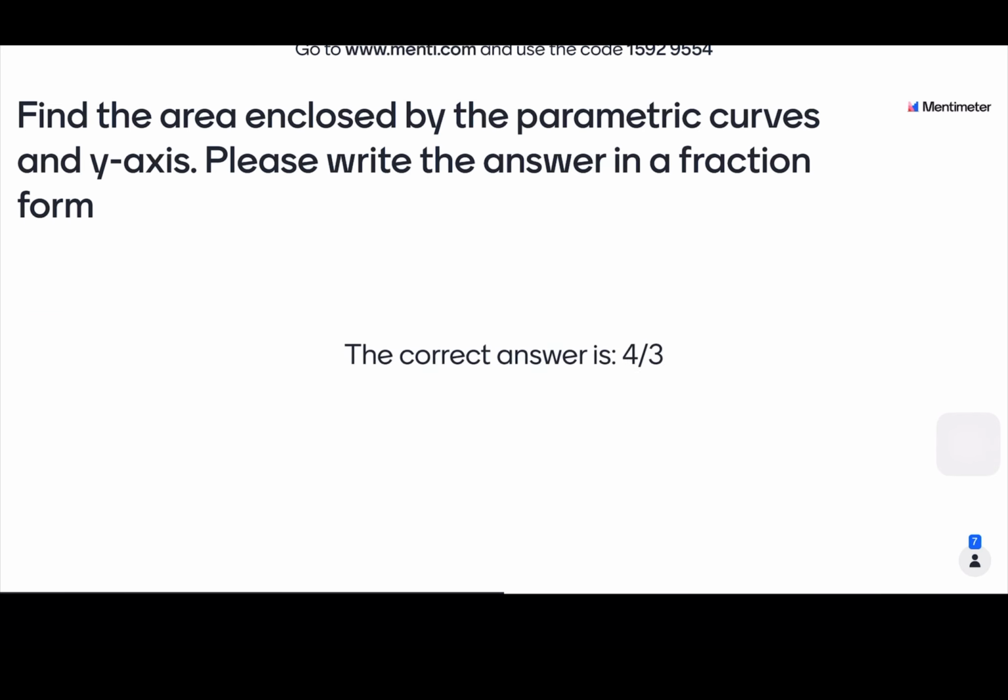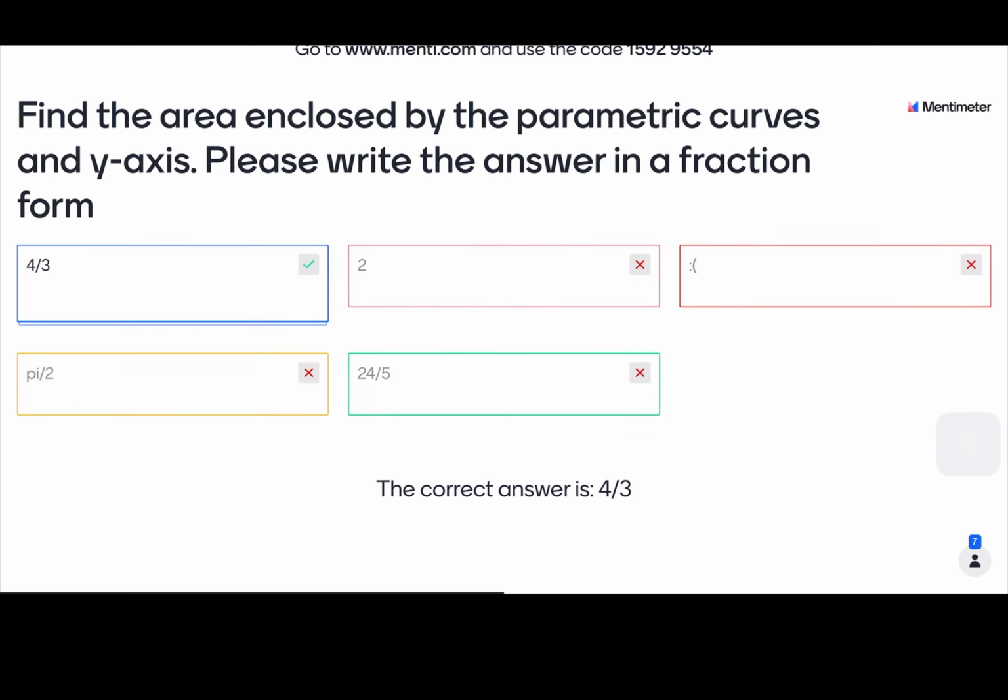Okay. Some of you got it correct. Okay. Sorry.